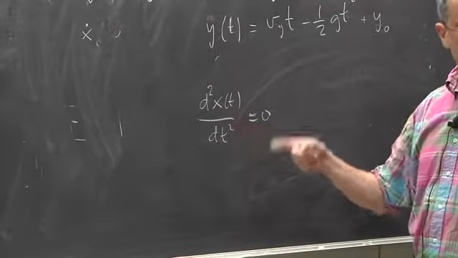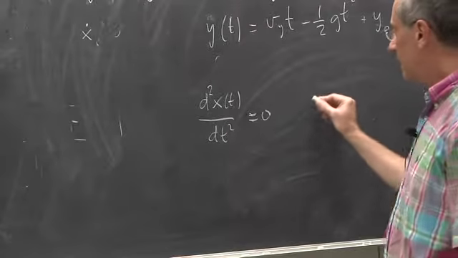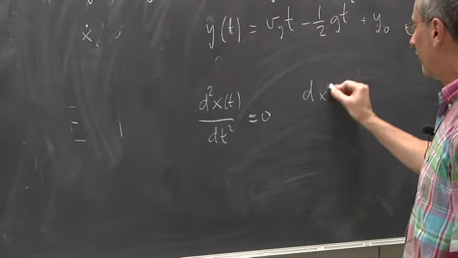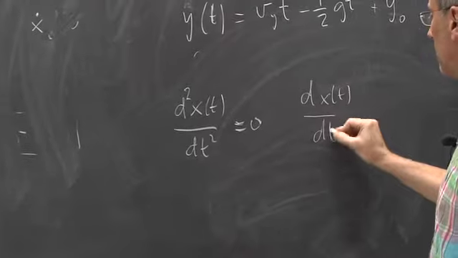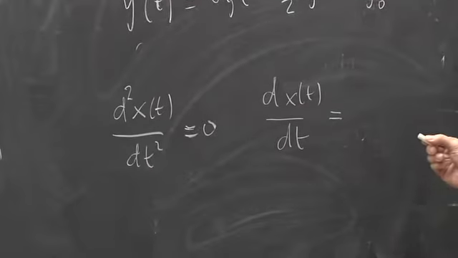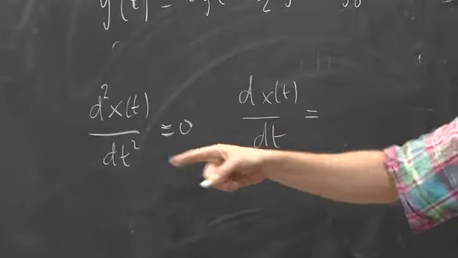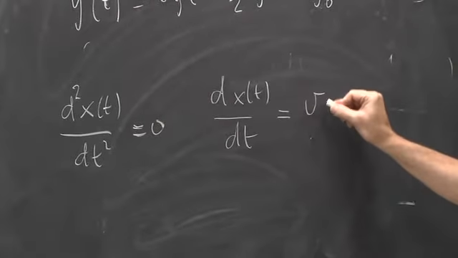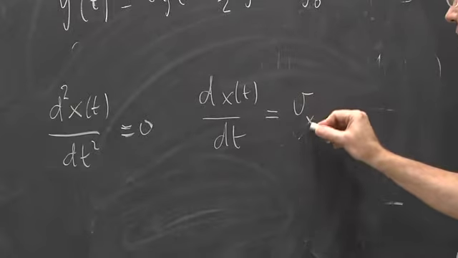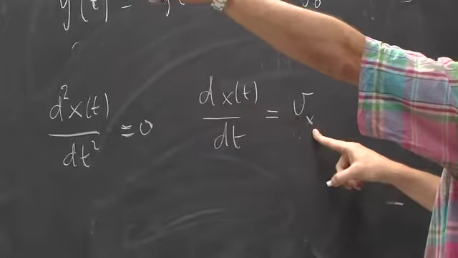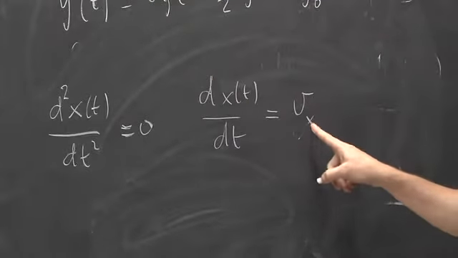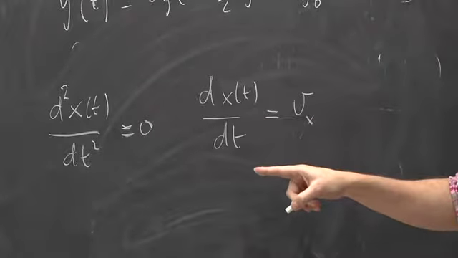So I integrate once, and I get the velocity, right? I get that the first derivative of x of t with respect to t must be equal to what? To a constant, right? Because I know that if I take the derivative, I get 0. So let's call this constant v of x. And I know what v of x is there, right? Now I have to integrate this one more time.